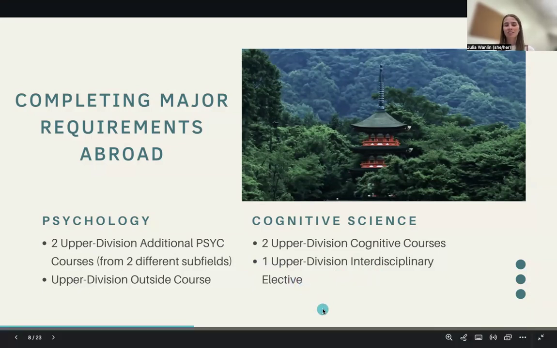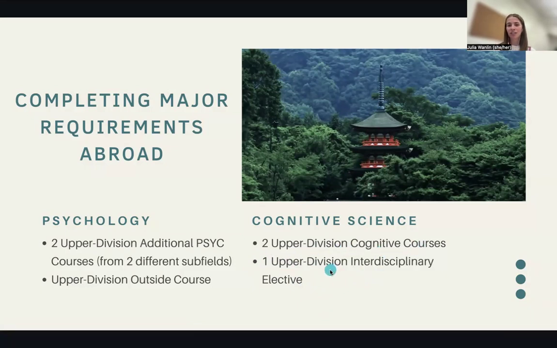And with cognitive science, there is a little bit more flexibility. So you can do 2 cognitive psych courses and 1 upper division interdisciplinary elective. But if you did want to switch that and do 1 cognitive course and 2 upper division interdisciplinary electives, that is an option. It is a little bit less common, but it is an option.